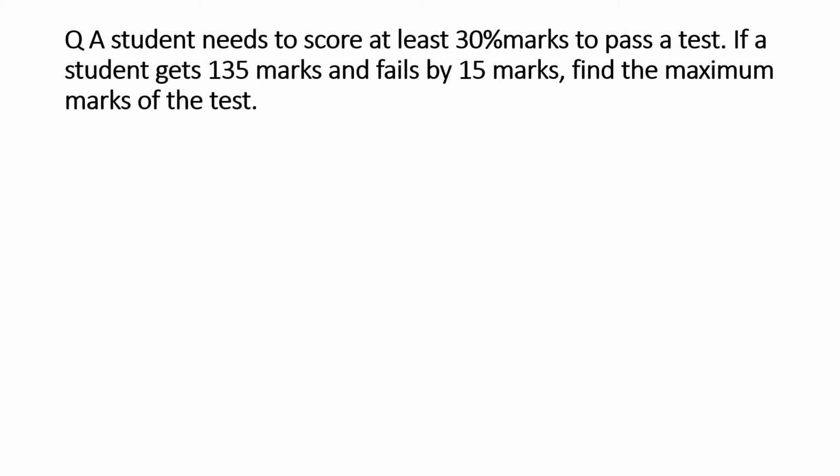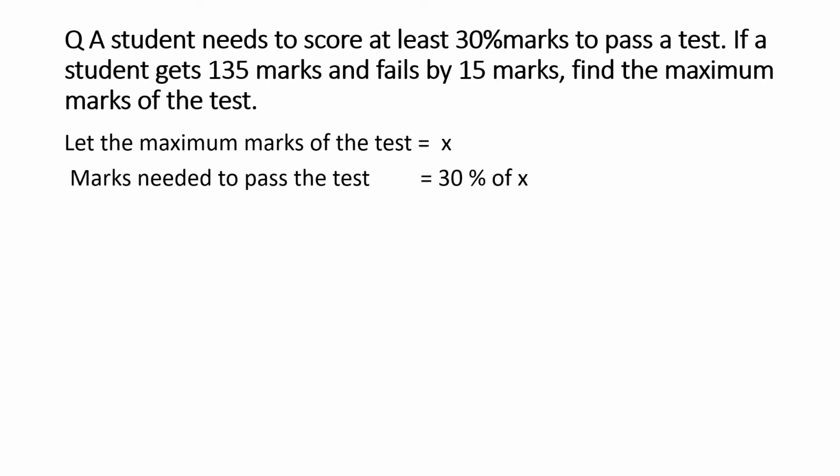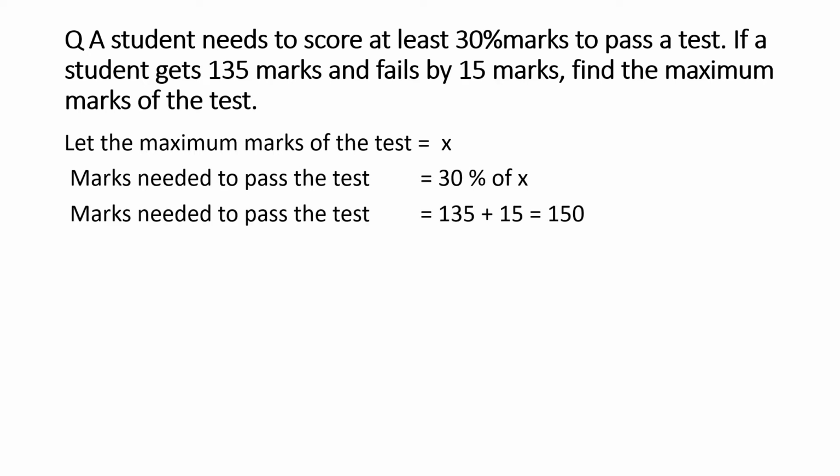So the very first step, let the maximum marks of the test be X. Now the marks needed to pass the test in terms of percentage is 30% of the total marks, 30% of X. And in numbers, the marks needed to pass the test is 135 plus 15 because he failed by 15 marks. So 135 plus 15, that is 150.